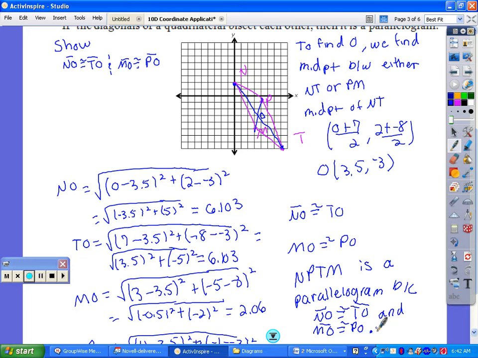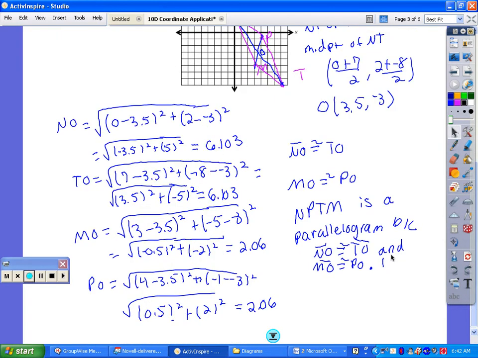And that means that therefore the diagonals are bisected, which makes it a parallelogram.